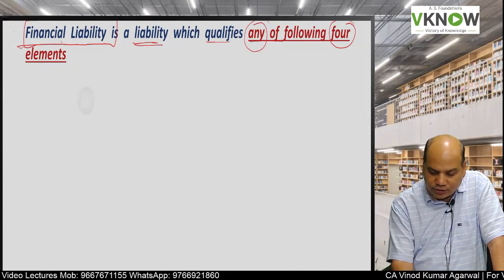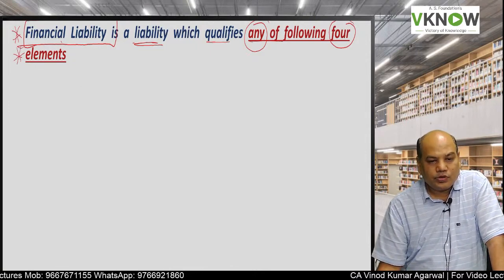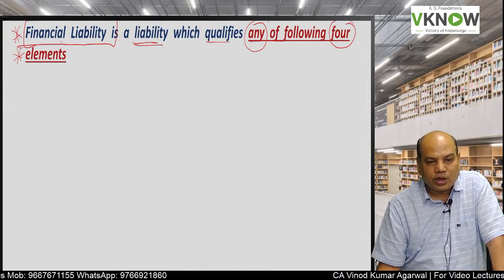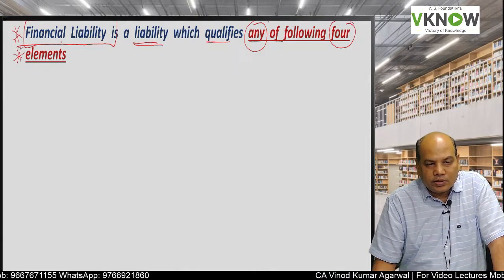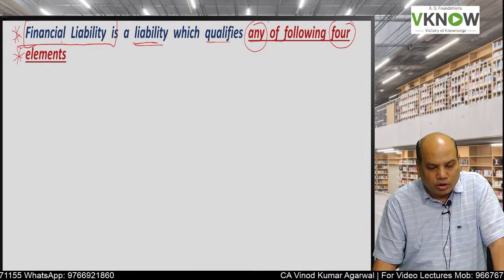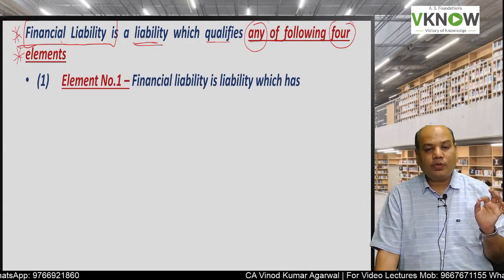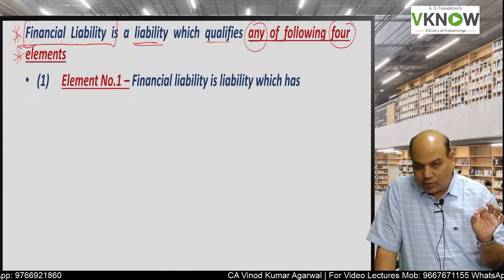Again, a highly tested area in the exam. They will give you a situation and the student has to answer whether this situation is a financial liability or not. So you have to check whether any of the following 4 elements are present.